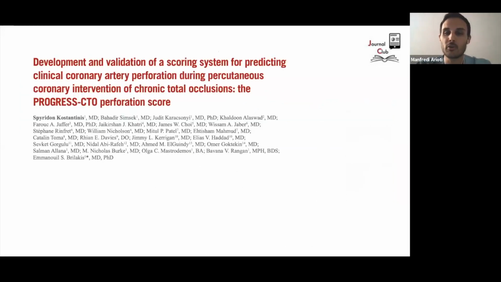Turning to the paper from the PROGRESS CTO registry, in January 2023 Konstantinidis and his co-authors presented a score useful to predict the risk of having a perforation. It's the PROGRESS CTO perforation score, published in EuroIntervention.